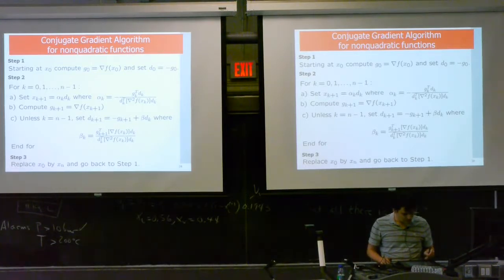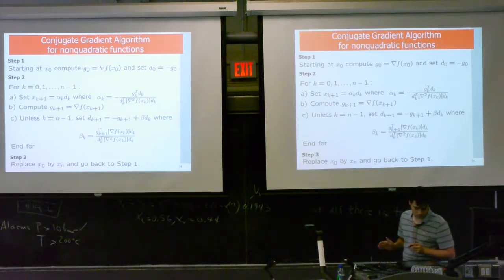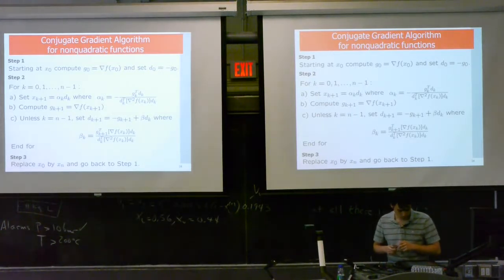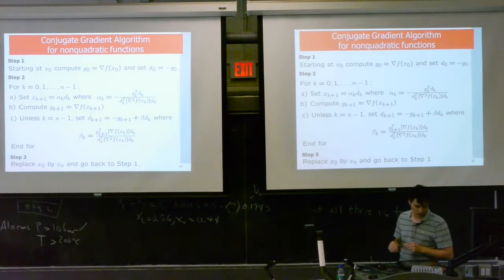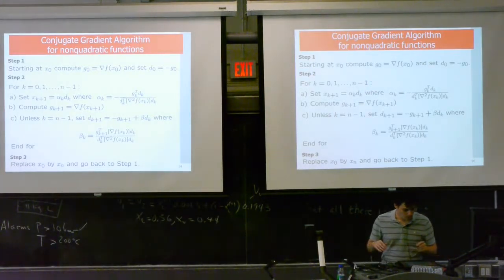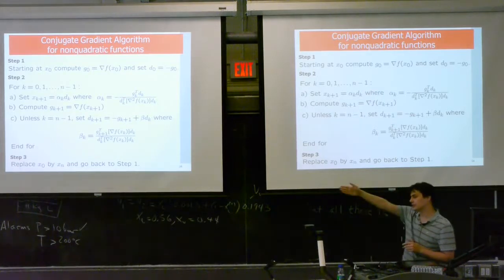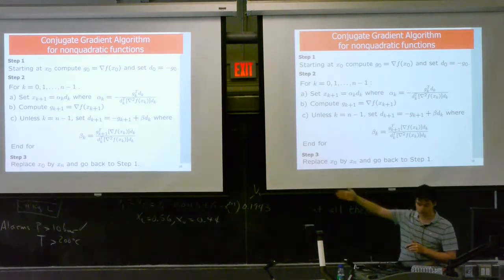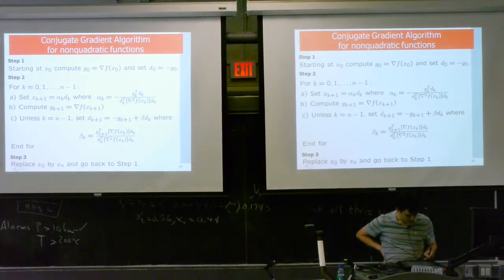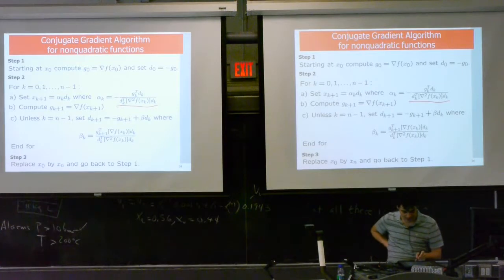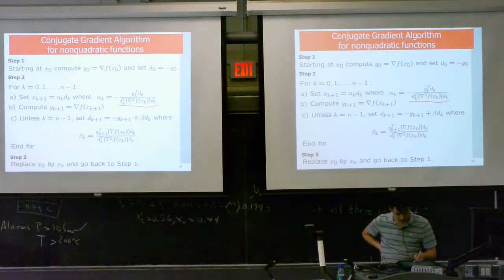And xk plus 1 will be the minimum of this minimization if you go in direction dk and you use this quadratic approximation. Then you can calculate that the minimum would be this quantity, where instead of q that we had in previous slides, we just use the second derivatives.